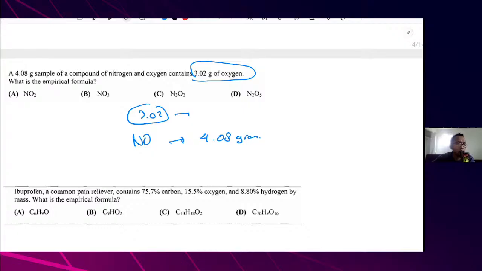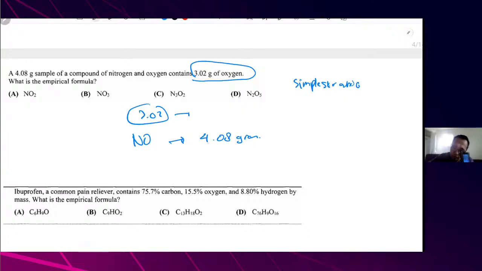So how to solve this problem? The key concept is using the simplest ratio. First, subtract to get the mass of nitrogen.